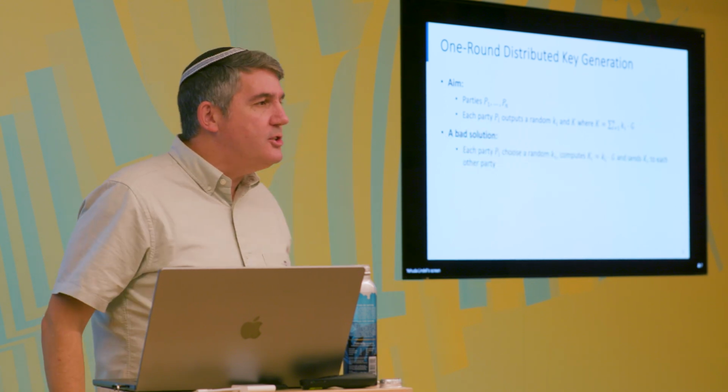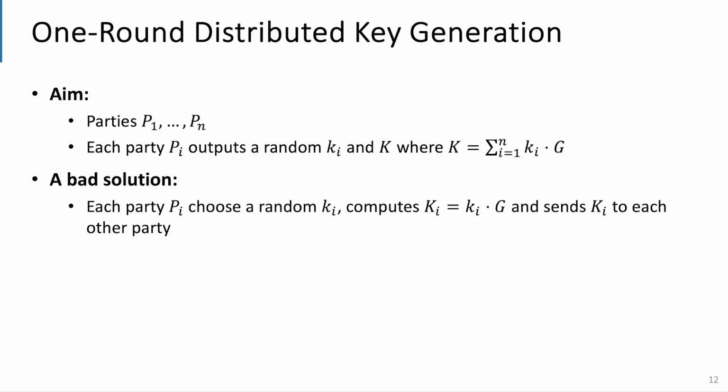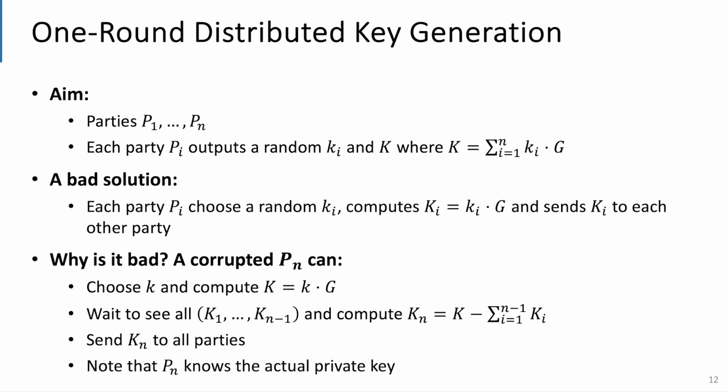Here's a really bad solution. A really bad solution is everybody chooses their own k_i, computes k_i times G, and sends it out. Why is this really, really bad? Because a corrupted P_n can wait to see everybody else's shares, or capital K_i's, can choose a secret key k that it knows, and capital K, which is k times G, and then can just compute K_n to be K minus all the other parties' public shares.